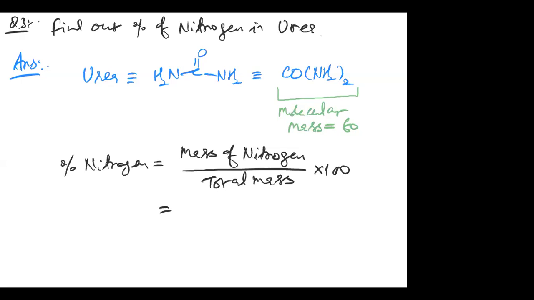So the mass of nitrogen comes out to be 28, as we have 2 nitrogen. 28 out of total mass, which comes out to be 60, into 100, and it comes out to be 46.67%. So it comes out to be 46.6666 and so on. So it is nothing but the percentage nitrogen, the mass of nitrogen divided by total mass into 100.